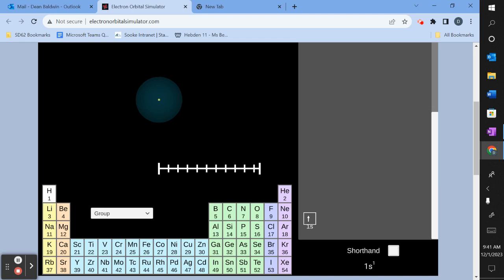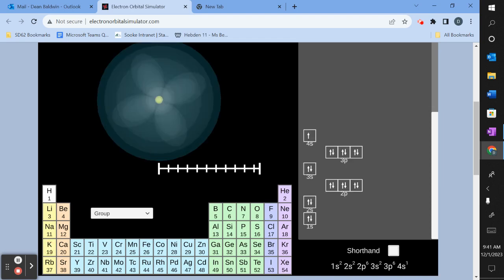But let's start with something interesting like potassium. There's potassium. Here's the electrons, 1s2, and so on. Here's the electron configuration. It all works out according to a rule. And then we marked the outer orbital, which is the s orbital.